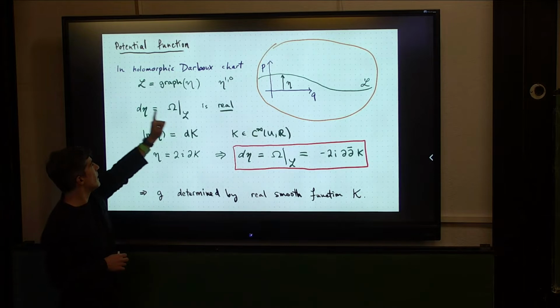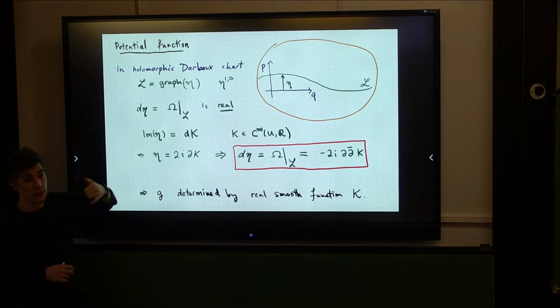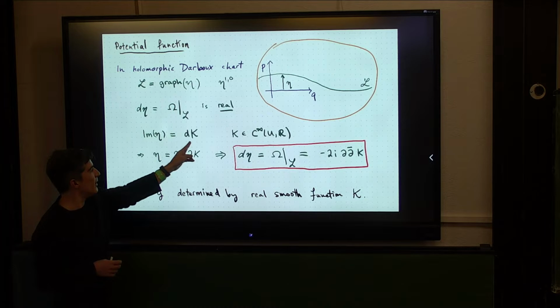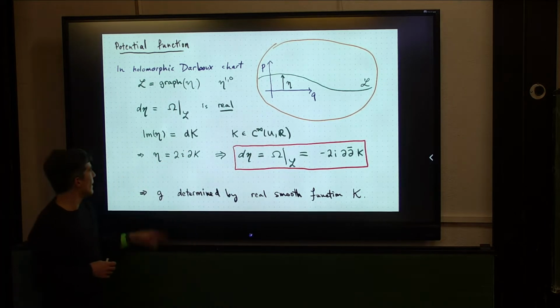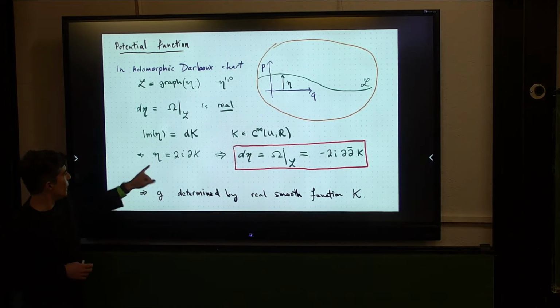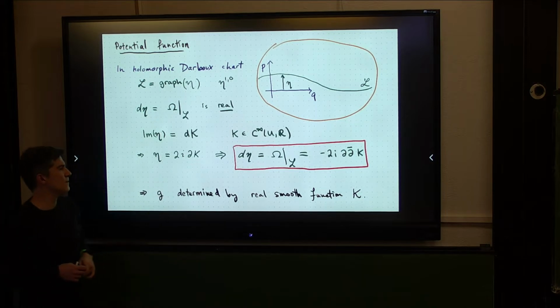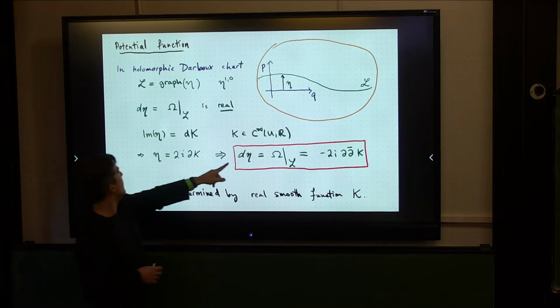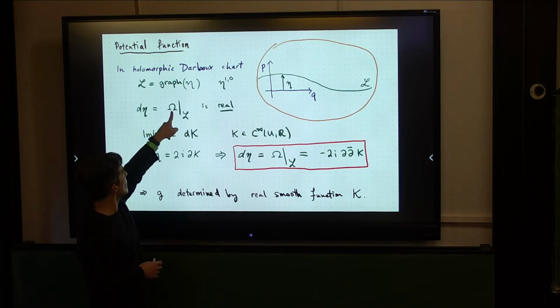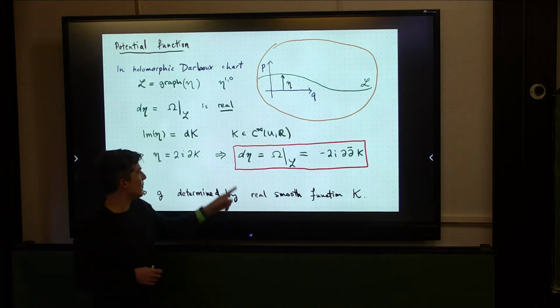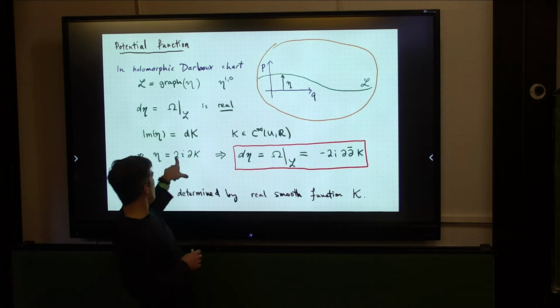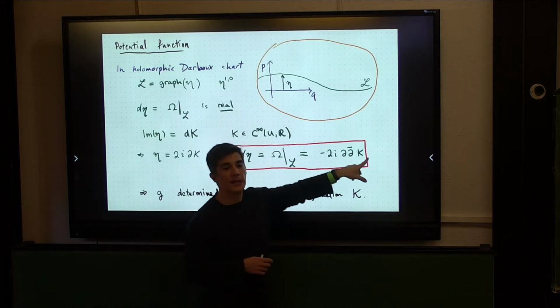Because eta has imaginary part closed, it must be locally exact, dk for some real function k. And so therefore we can write eta as del k. And the derivative of eta, which remember was the real part of the symplectic form, is just the derivative of this, which is d bar del k.